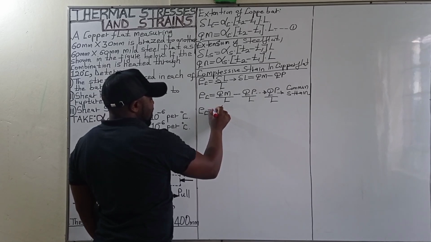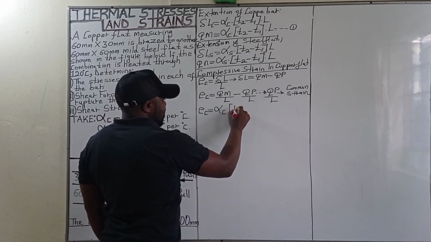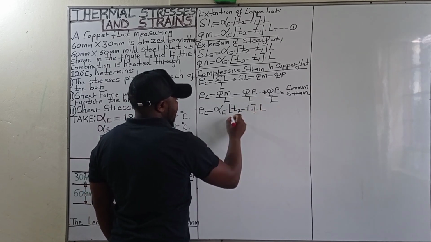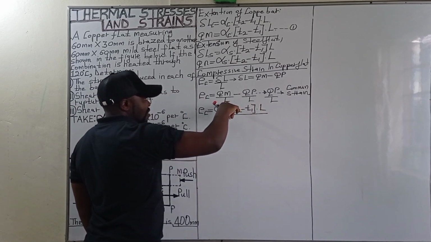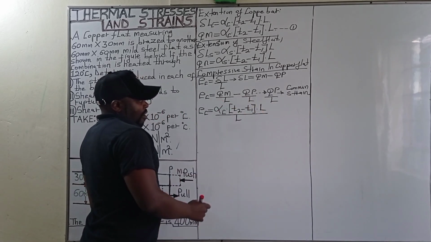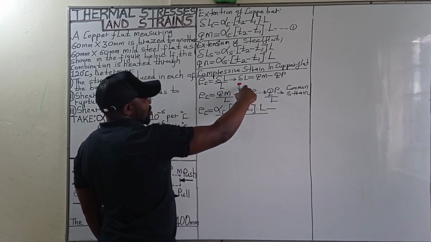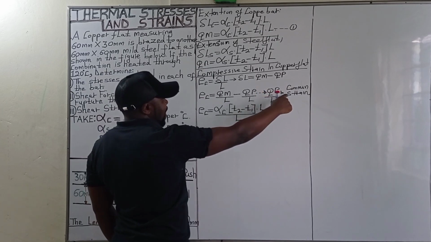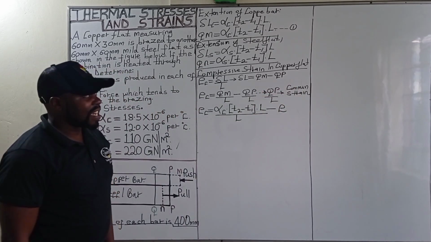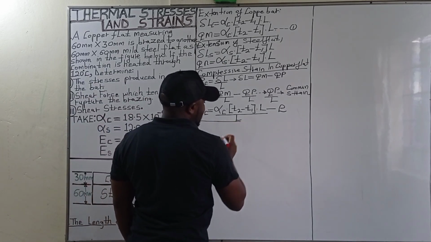QM is the coefficient of linear expansion of copper multiplied by the change in temperature T2 minus T1 times L, divided by the original length of the flat, minus QP over L, and QP over L is the common strain, therefore e. So that is the compressive strain in the copper bar.